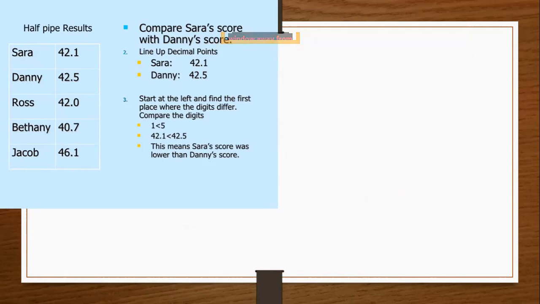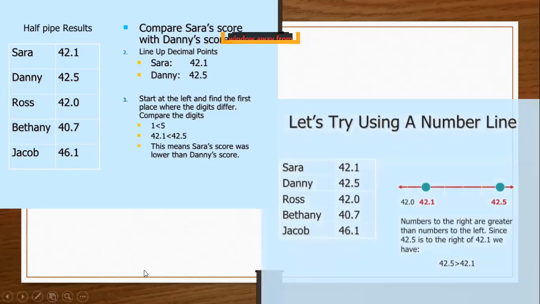Let's compare the two numbers. You will find the whole part in both numbers is 42. So let's go to the decimal part. The decimal part in the first one is 1, and the decimal part in the second number is 5. Of course, 1 is less than 5. So we can say that 42.1 is smaller than 42.5. So here Sarah's score was lower than Danny's score.